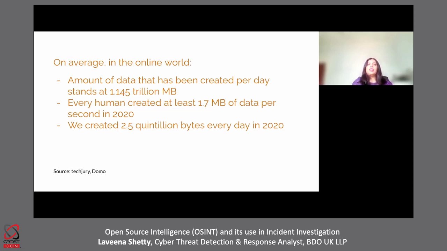And when we say 2.5 quintillion, mind you, there are 18 zeros in quintillion. That's a lot of raw intelligence that has been created every day by users, organizations, governments, consumers, and content producers. Gathering this publicly available information and converting the raw data into actionable intelligence is a daunting task, and that's where open source intelligence comes into play.